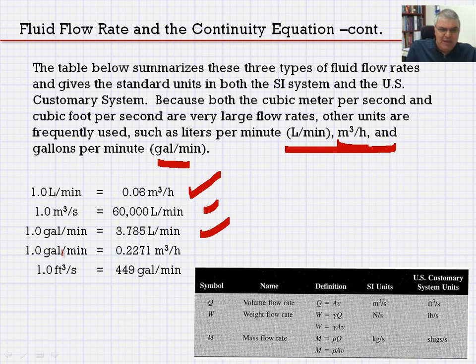A conversion from gallon per minute to cubic meter per hour is given here, and the conversion from 1 cubic feet per second to gallon per minute is also given here. That's within the same system of units, US customary, but using different units.